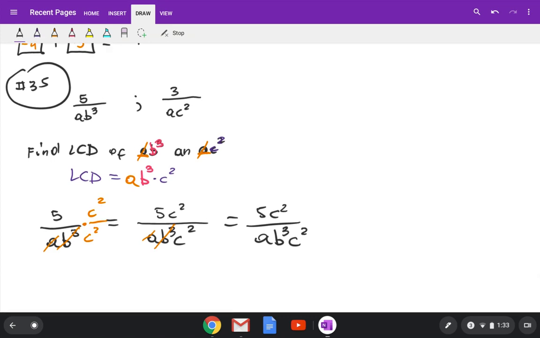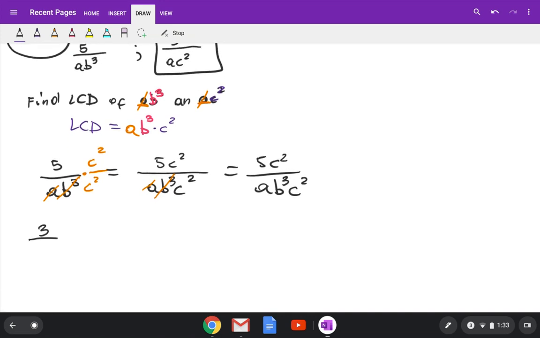Now you take the second fraction, 3 over a c squared, and build an equivalent fraction with the denominator equal to the LCD, which is a b cubed c squared. So you multiply your original fraction by the missing factor from the LCD.